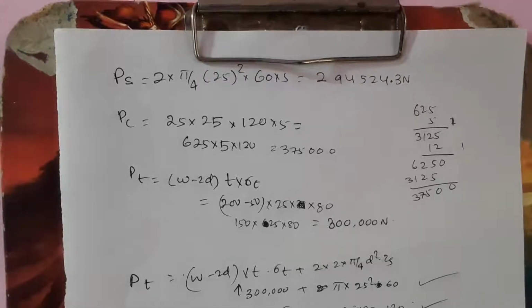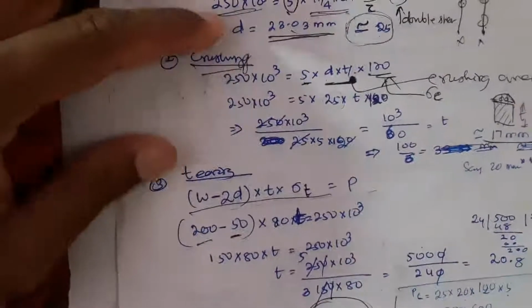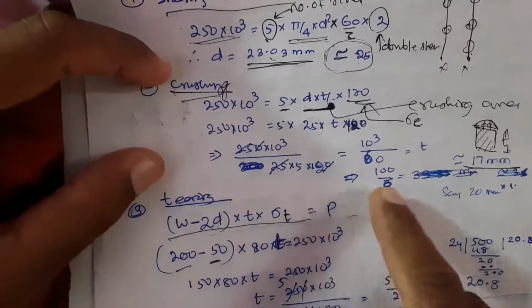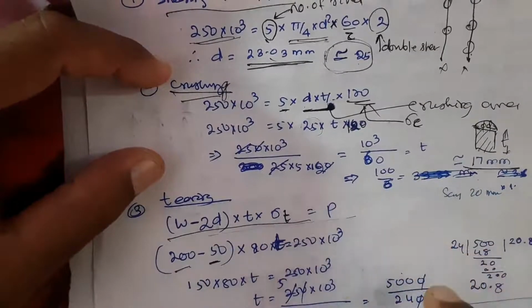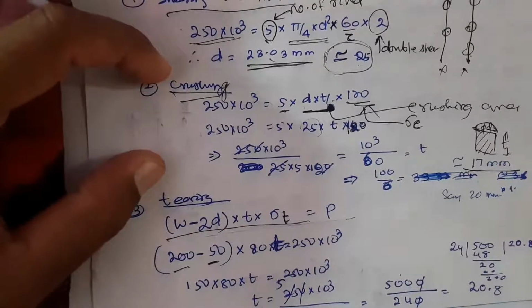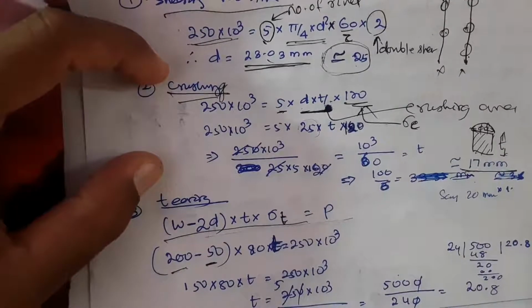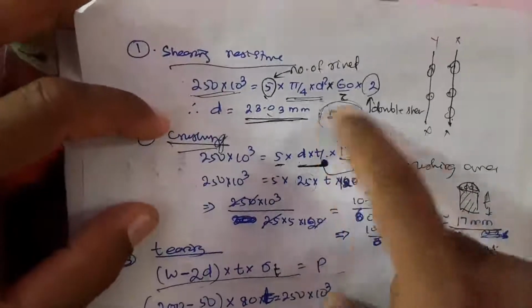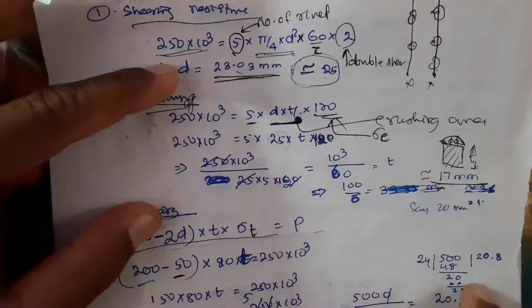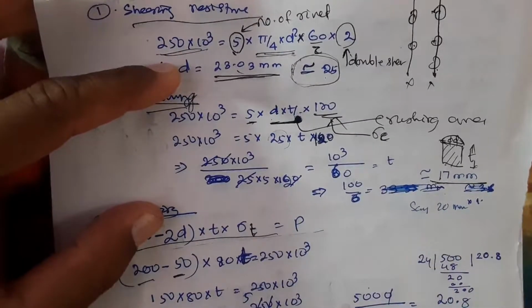From the preliminary calculation we find out that if you take the diameter of the rivets to be the maximum out of them, this diameter is to be 25 and the plate thickness 20, it is going to suffice.